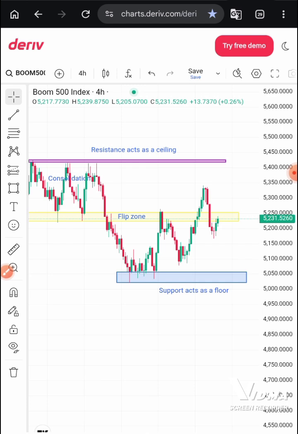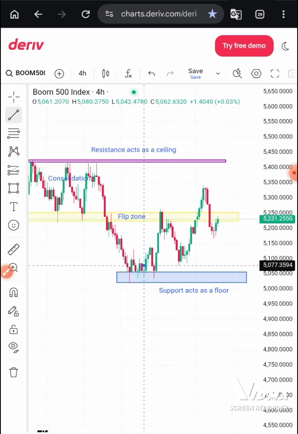So can I just introduce trend lines a little bit that would make us a bit biased? Let's say we are here right now, we are in Boom 500 and we want to trade, we want to take an entry, right? What do we do?